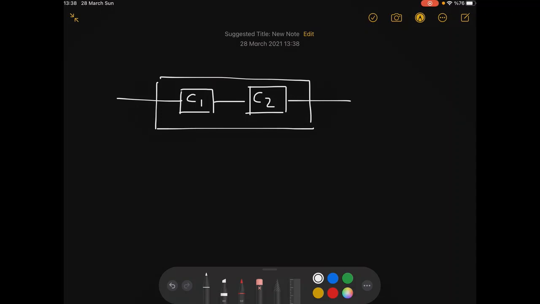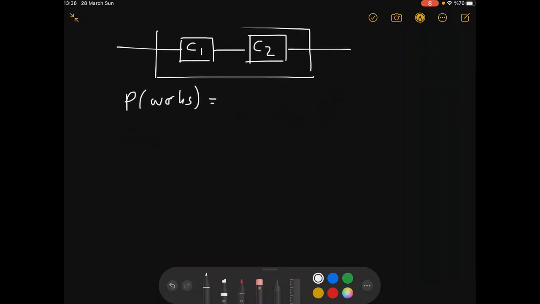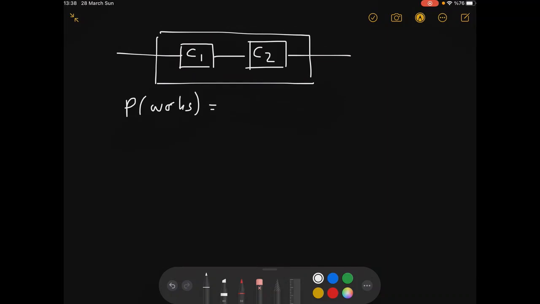The probability that it works would be the probability of C1 works intersection C2 works, right? You can write it like this.